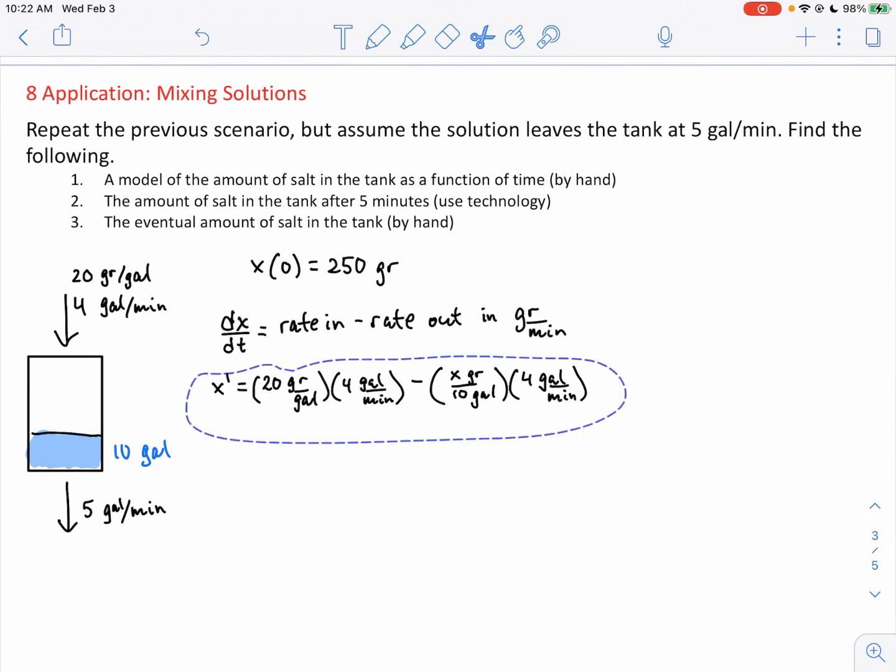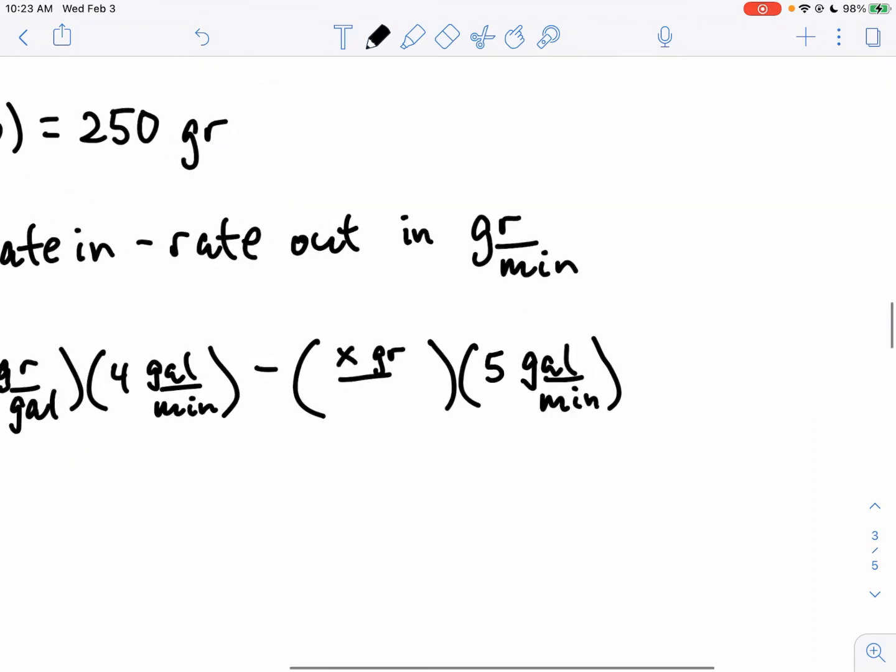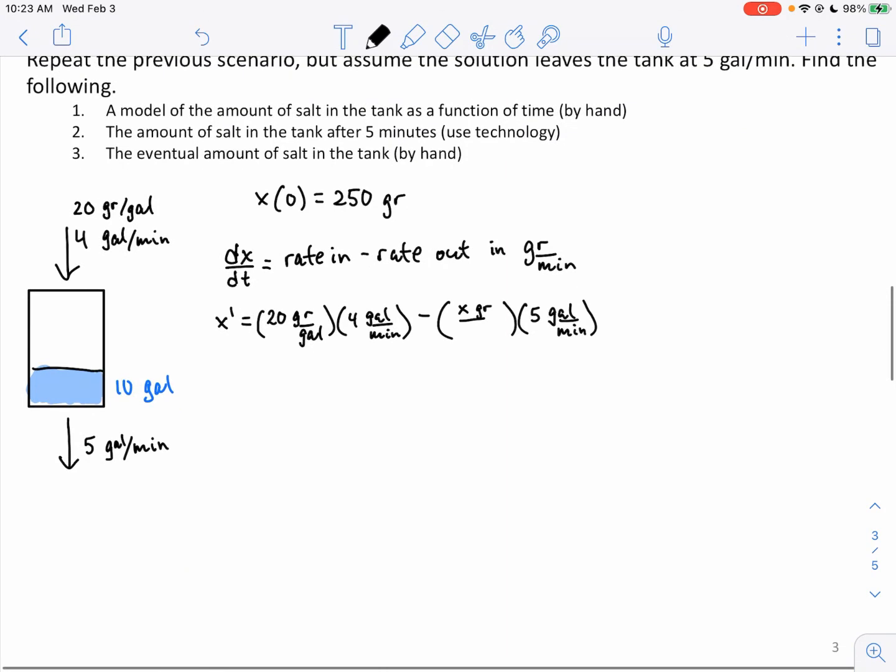Let's see what we need to do to tweak it. The first part, the rate in, is not changing, but the rate out, we do have some changes. First of all, we don't have 10 gallons of solution in there constantly because we're going to be losing some. We'll talk about that in a moment. We're losing at the rate of 5 gallons per minute.